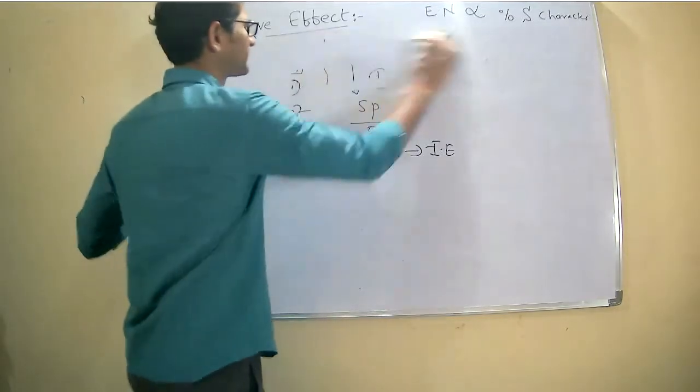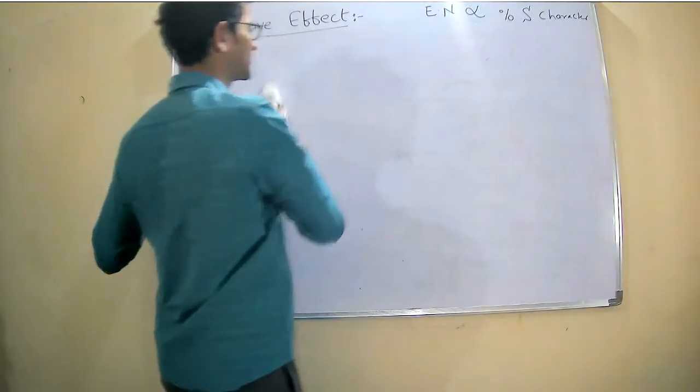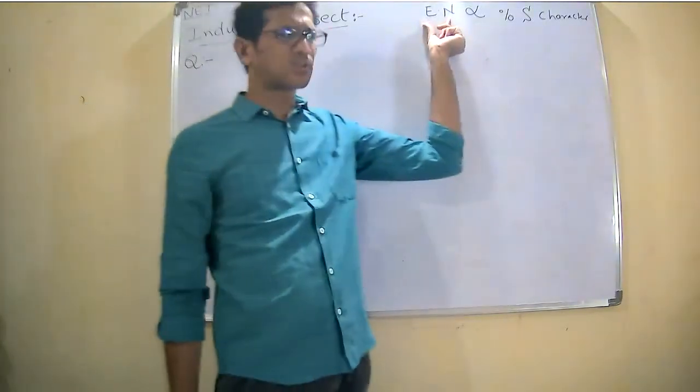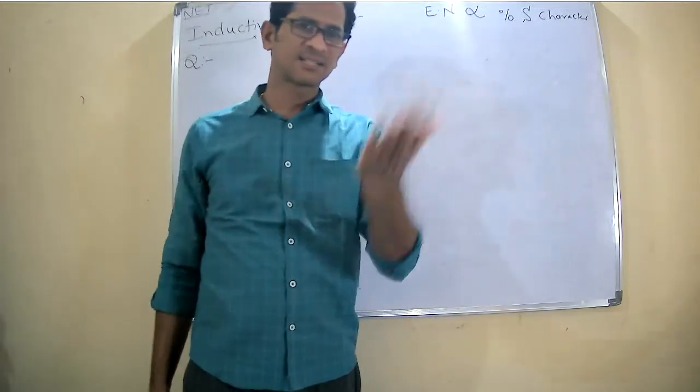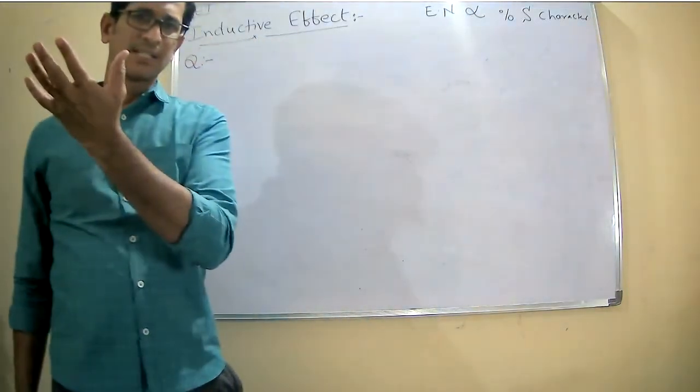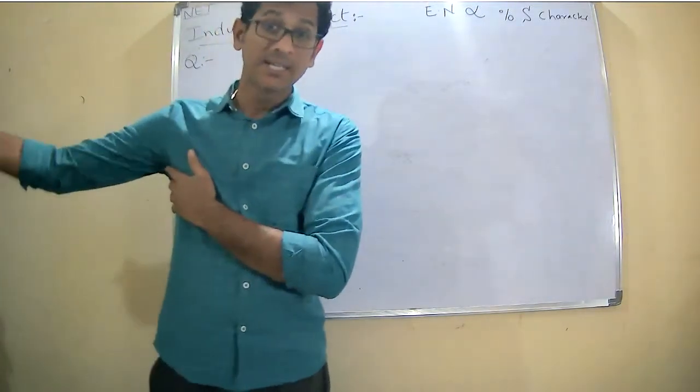Some more examples. As electronegativity is directly proportional to S character, as S character increases, electronegativity increases. As electronegativity increases, electron withdrawing property increases.